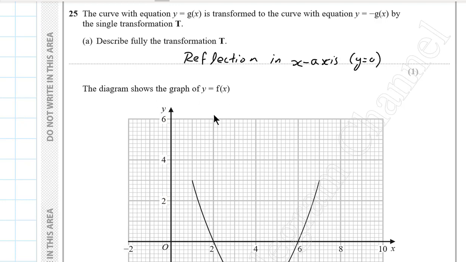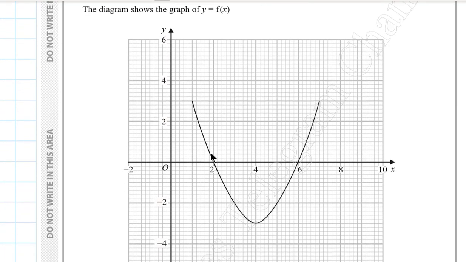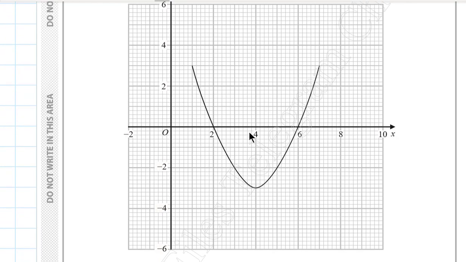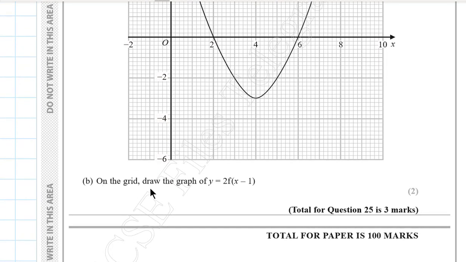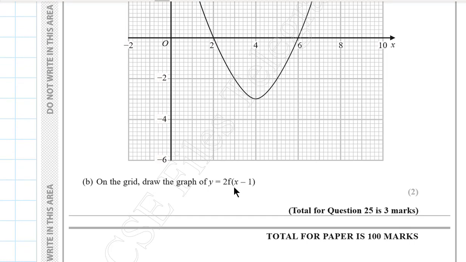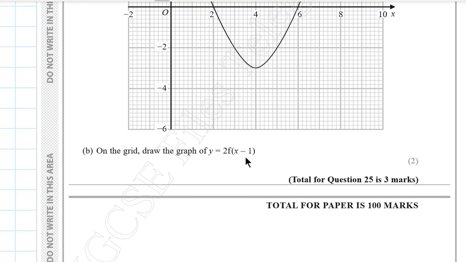The diagram shows the graph of y equals f of x. Okay, this is the graph of y equals f of x, a parabola open upward, and then the question said on the grid, draw the graph of y equals 2 f of x minus 1. We have two important things here.